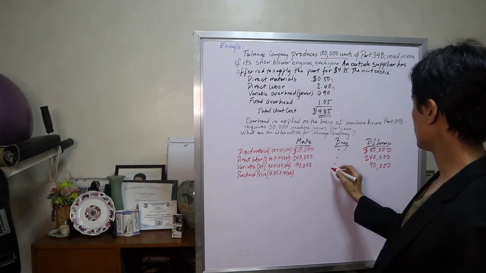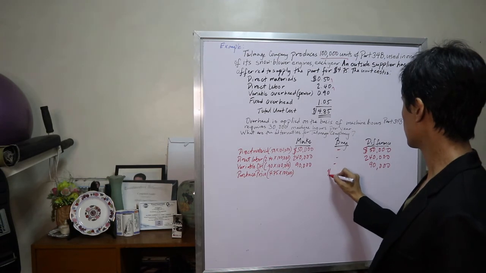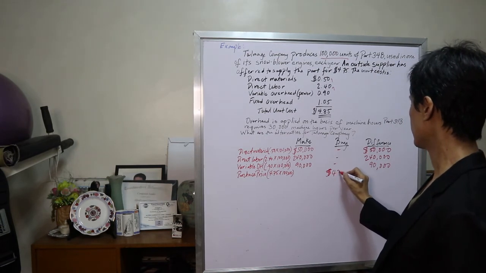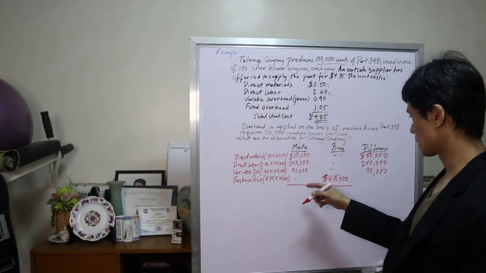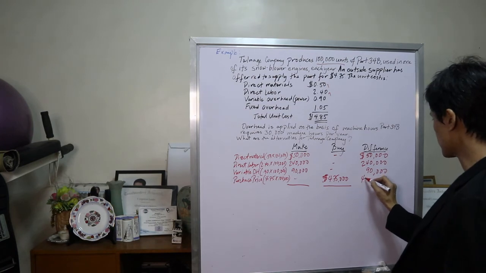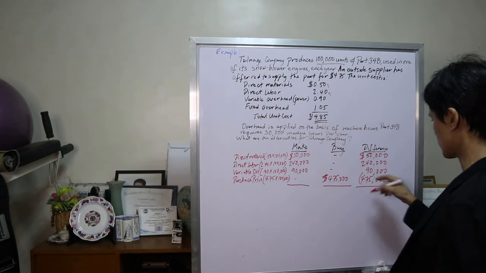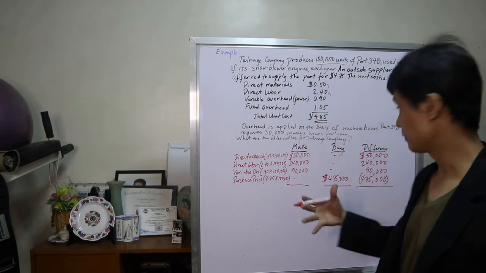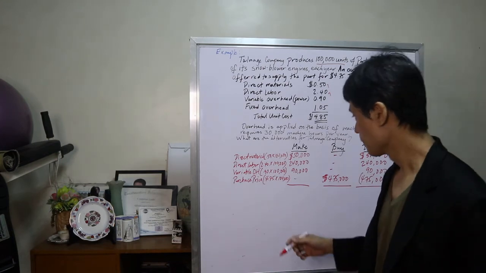So this one would be 475,000. You just bring forward the amount here. So this one is parenthesis negative, kasi ma-minus natin yung making from the buying.